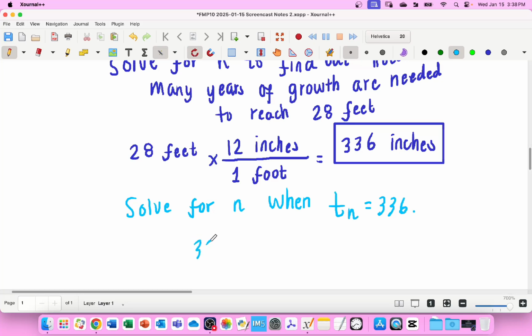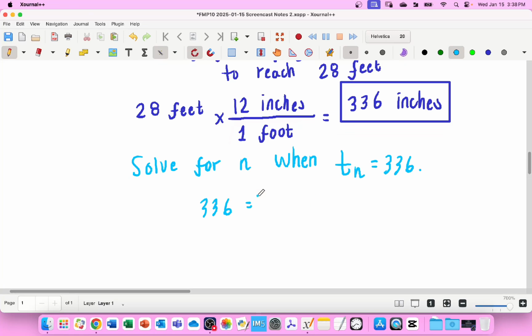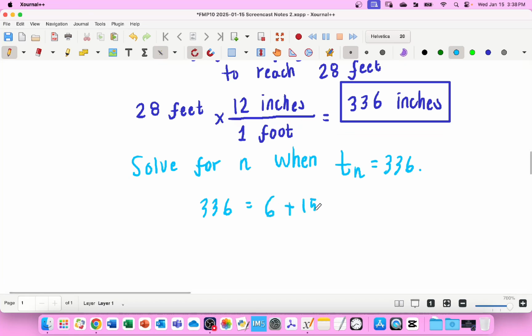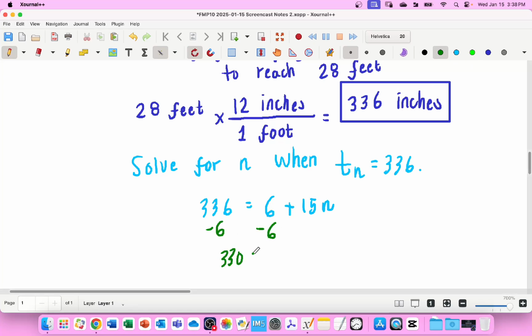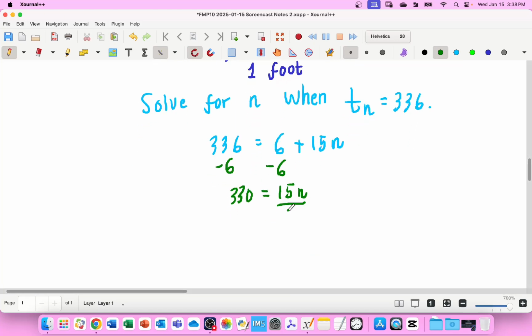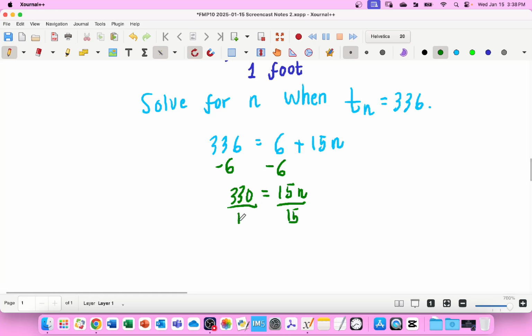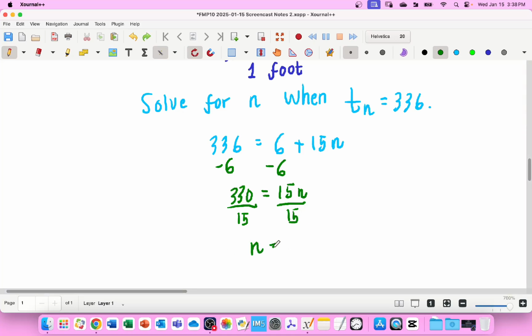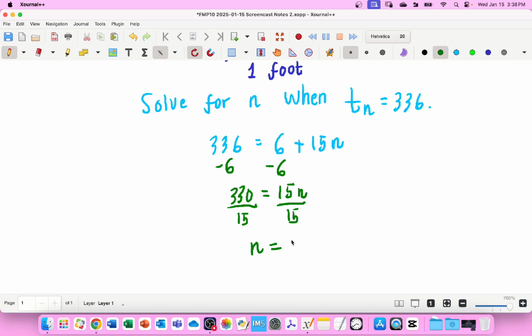Okay, so 336 equals 6 plus 15n, minus 6 on both sides. 330 equals 15n, divide both sides by 15, and I'll get n equals 22.